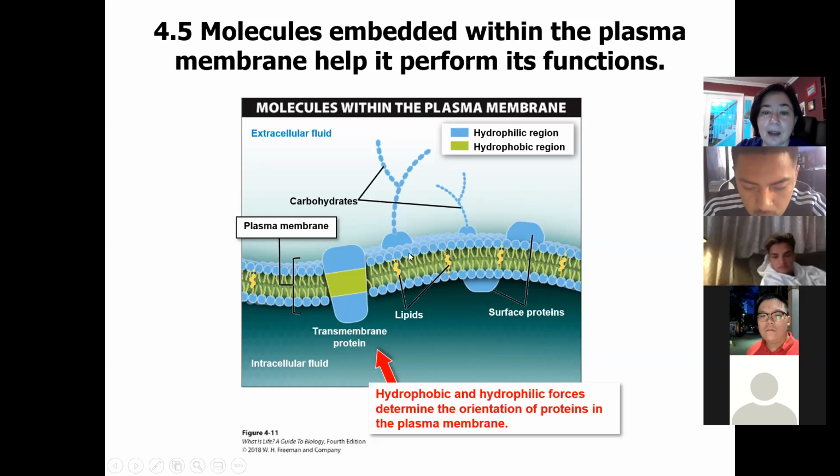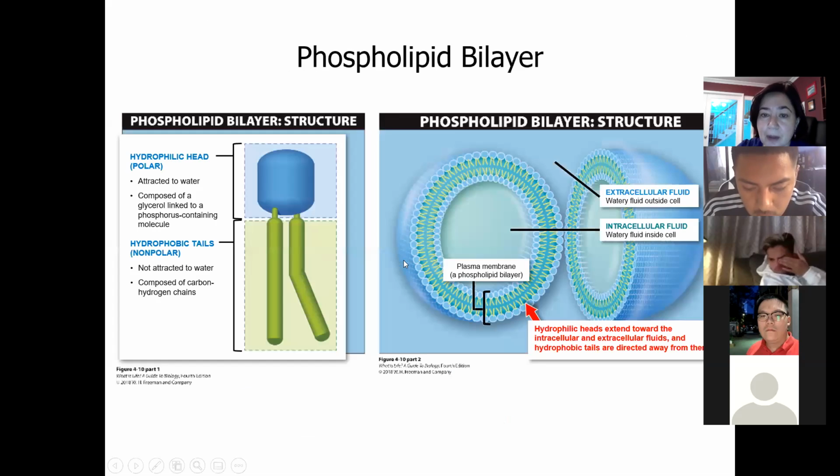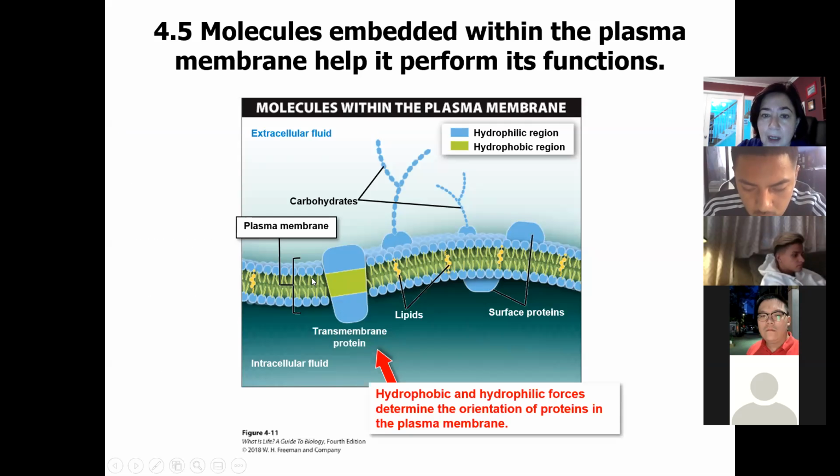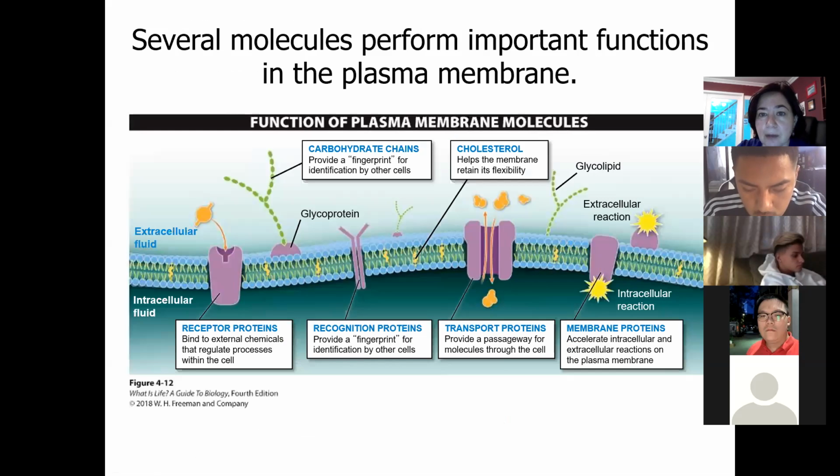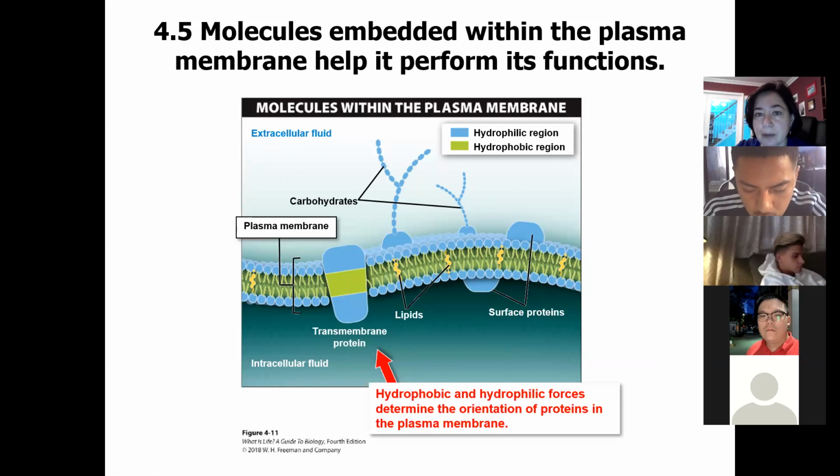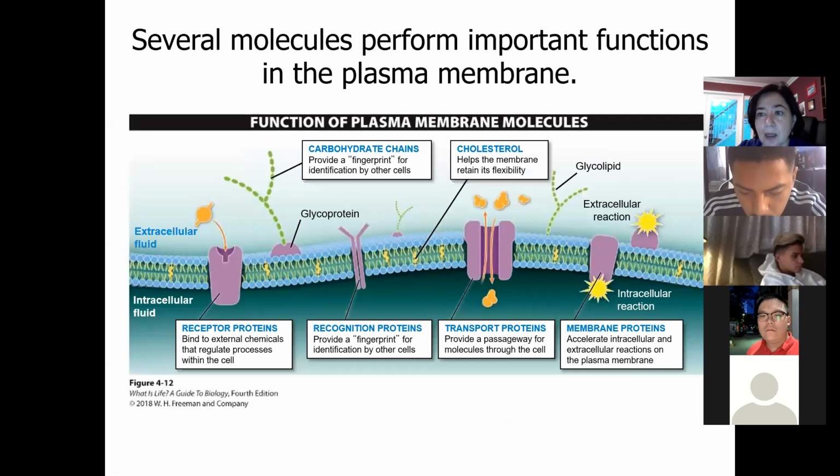Okay, now this structure of phospholipids, remember, the double layer of these molecules is not rigid. It's very soft. The plasma membrane is actually a very dynamic structure. If you think about an egg, the eggshell is not the plasma membrane.